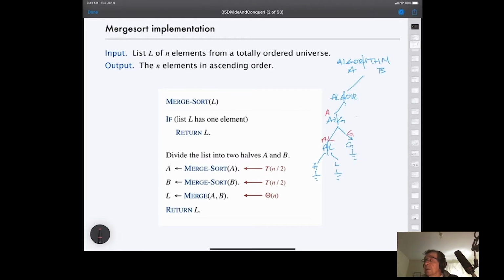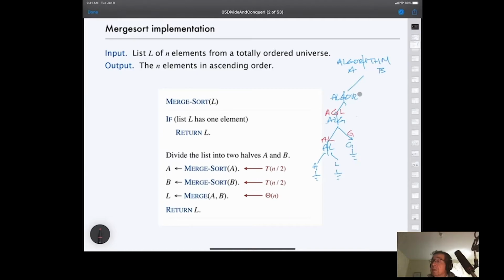G is smaller, so G goes there, and then L would follow, and that's the end of the merging process. So we pop from this level, we return the sorted version, and we are ready now with the left-hand side part of the above level of recursion.